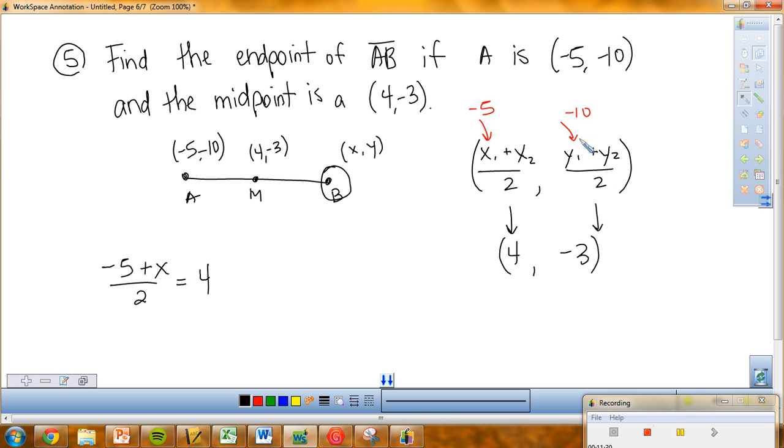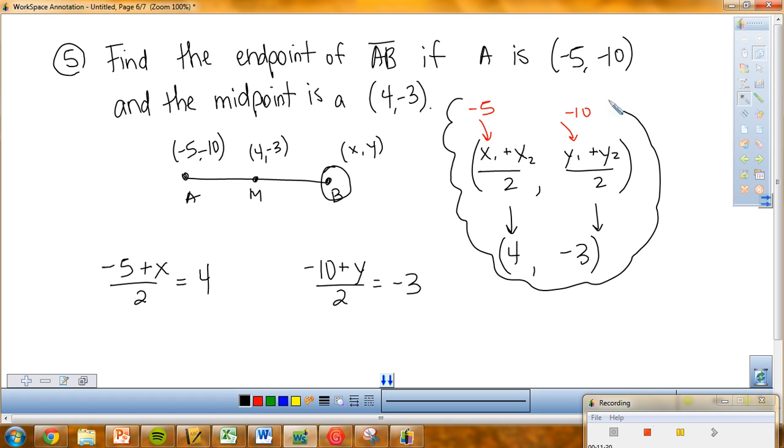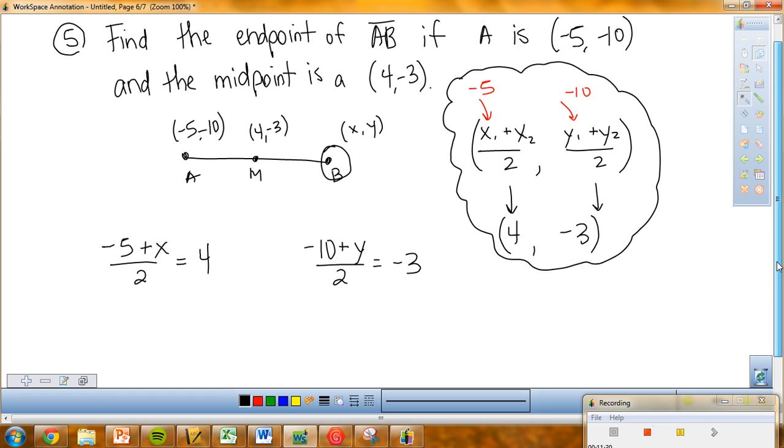I know what my y is for one of the endpoints, so I know that this y and this y, when I average them together, -10 plus whatever that y is, averaged together, should give me -3, which is the midpoint, which they're already telling me. So we use this kind of working backwards thinking.